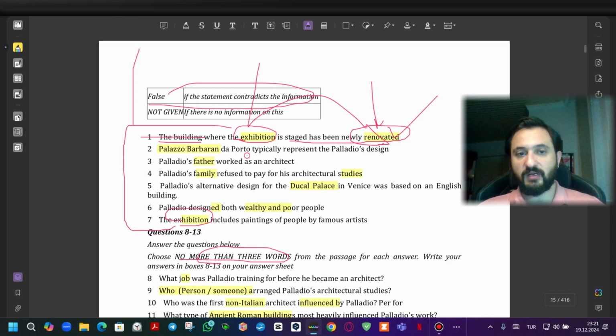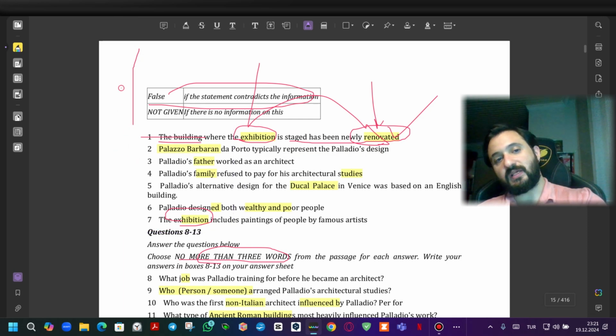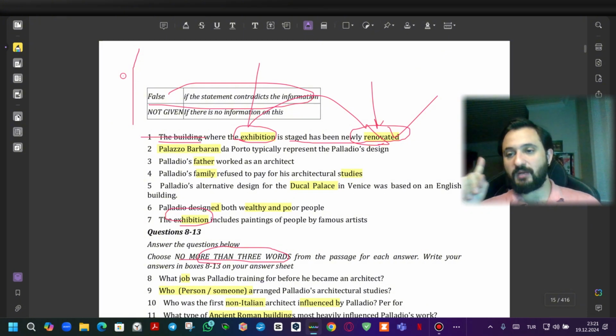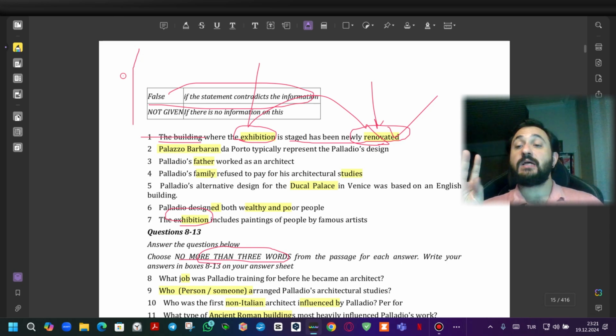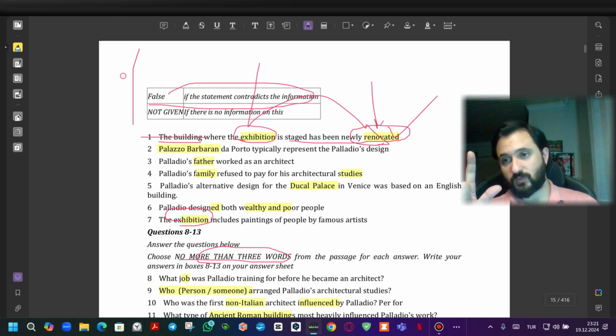Palazzo Barbarian da Porto typically represents the Palladian design. No need. What is the secret of the IELTS reading section? When you see any private name, date, year, location, generally opposites, it means sentence connectors, conjunctions, but not all of them, especially negative or opposite ones.